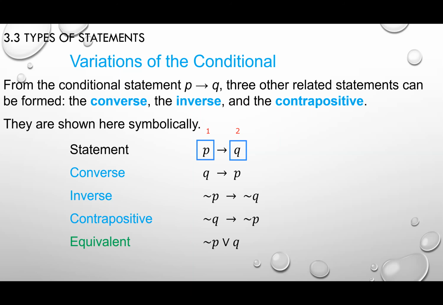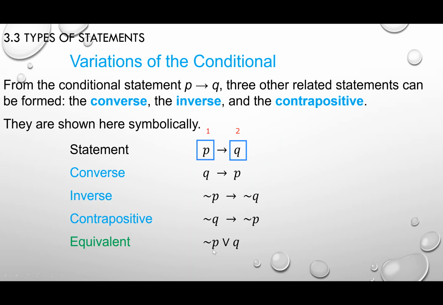This is how I say it so that I remember it: negate the first or keep the second. You negate the first, so there's no longer the arrow, no longer if and then.